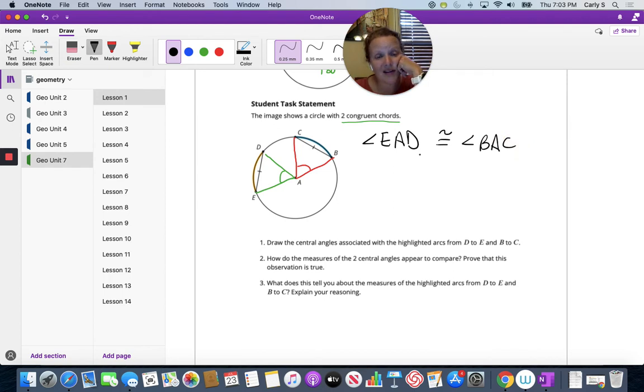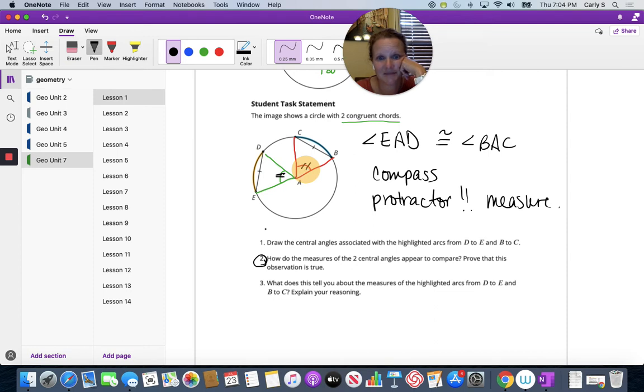To prove this, you would grab your compass, or maybe your protractor, and do some measuring. But I can tell you that when you have the same size chord, we'll do 2 ticks, the central angles are congruent.